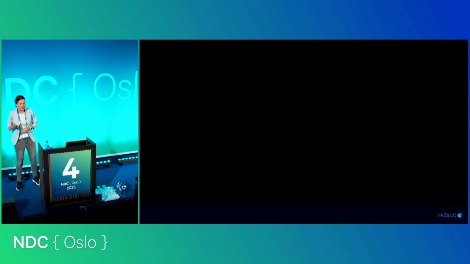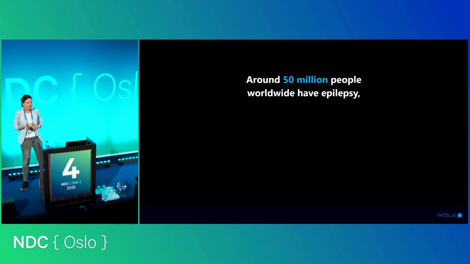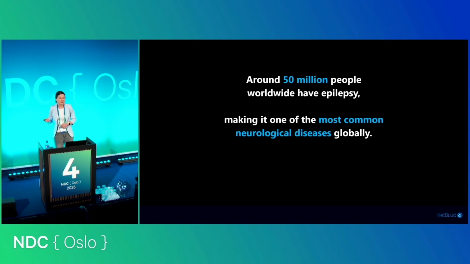But before we dive deeper into the project itself, I would like to draw your attention to some statistics that, according to me, are very important and quite surprising, but I hadn't heard of them before I started working on this project. It is estimated that about 50 million people worldwide, or according to different statistics even up to 1% of the global population, have epilepsy, which makes it one of the most important neurological diseases globally.